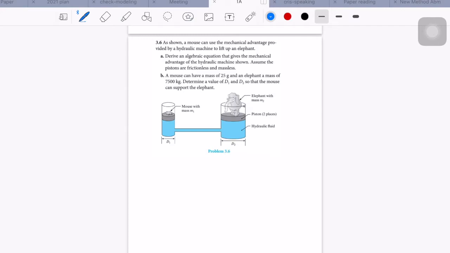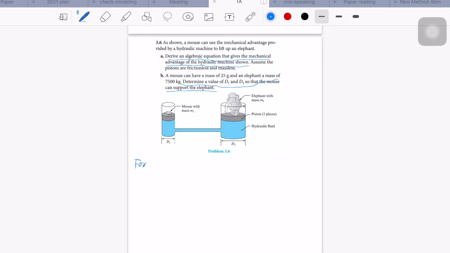For the second problem, in part A, we need to derive algebraic equations for the mechanical advantage. And in part B, we need to calculate D1 and D2 so the mouse can support the elephant. Let us first do A. To find the mechanical advantage of the hydraulic machine, we can apply force equilibrium to each piston.